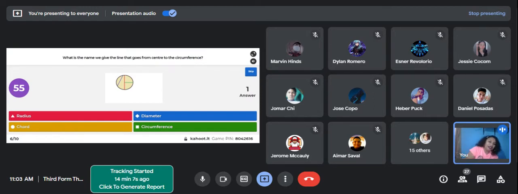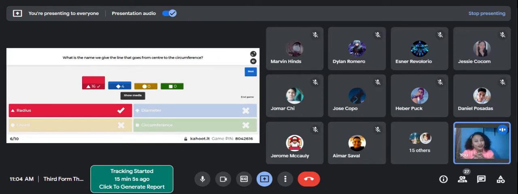What do we call that line? Okay, most of you got that correct. The radius is the line that goes from the center to the circumference.